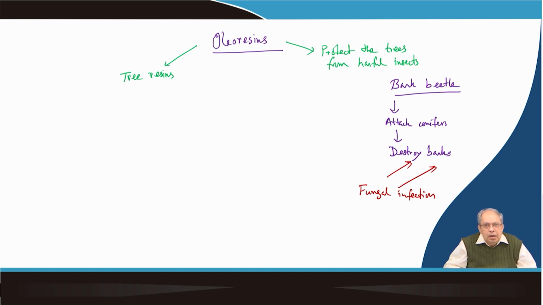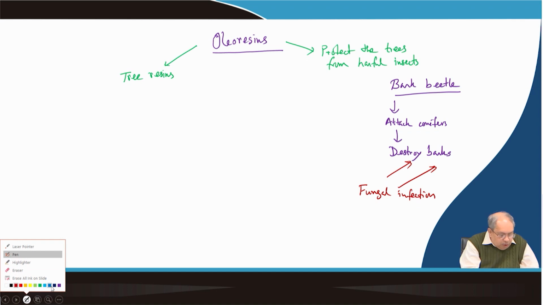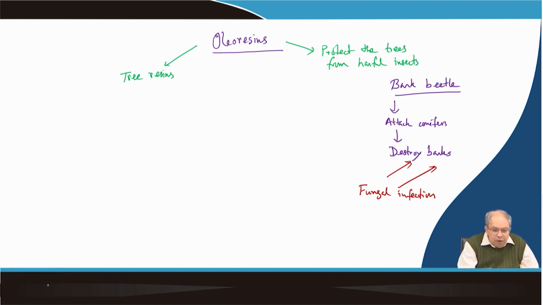These resins are secreted out through specialized ducts, which are called resin ducts. Now, an important point is what constitutes this. Oleoresins are a complex mixture of terpenoids.